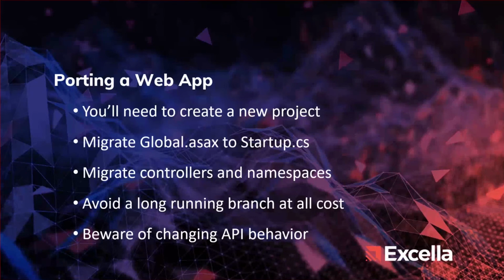We talked before about the API surface of your packages potentially changing, but the way a .NET Core API behaves is very different from a .NET Framework API. You will have a very different interaction there with bindings and other things as well. I will show you some examples of that a bit later.